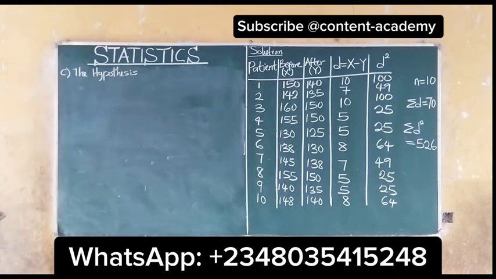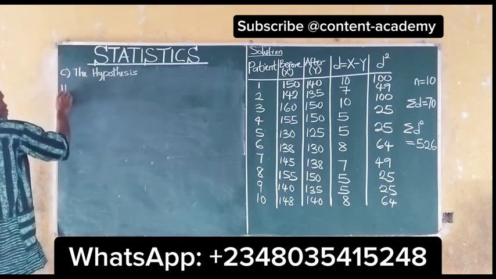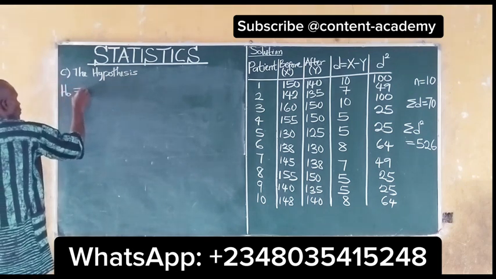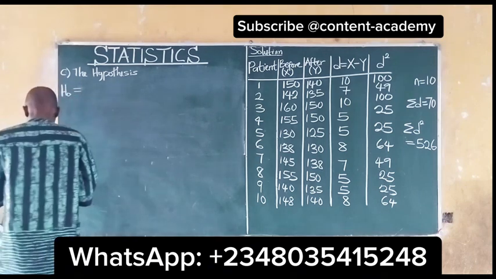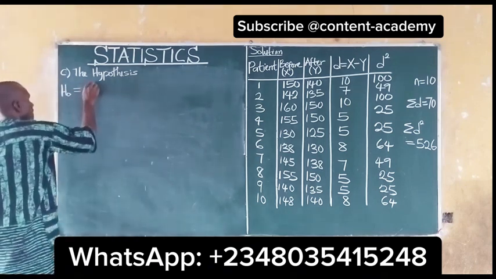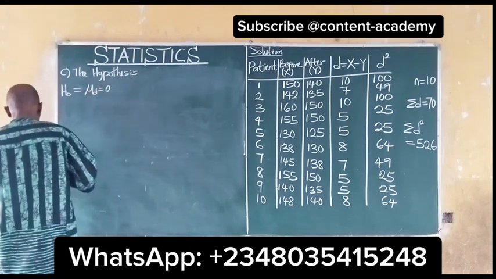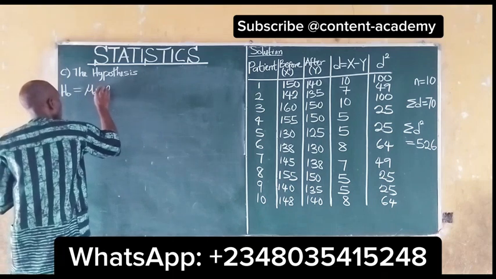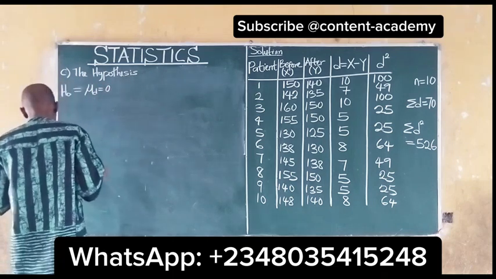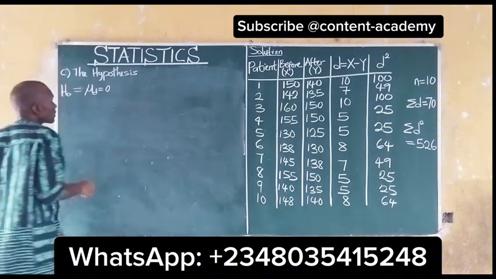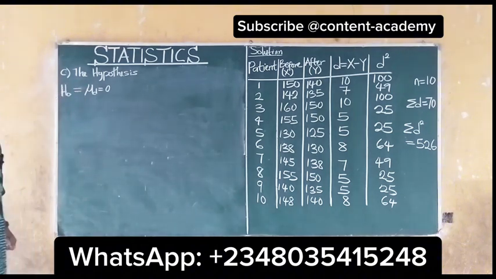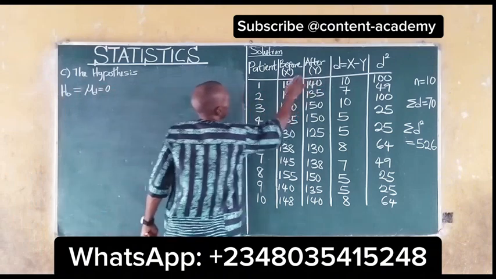Now, we can put our H naught to be equal to mu d, which is equal to 0. We use these two to form our hypothesis.